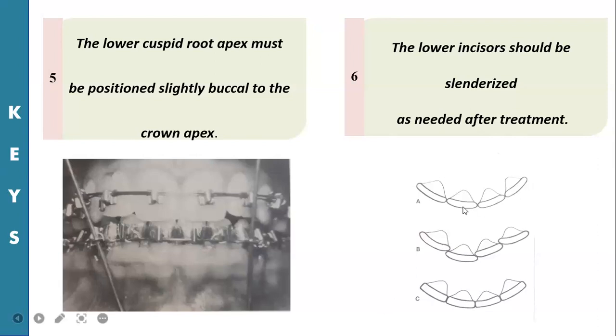Now, when you do the same proximal reduction on the opposing sides, in the opposite direction, so if you reduce here, you're also reducing here on the opposite side, this procedure is called keystoning.